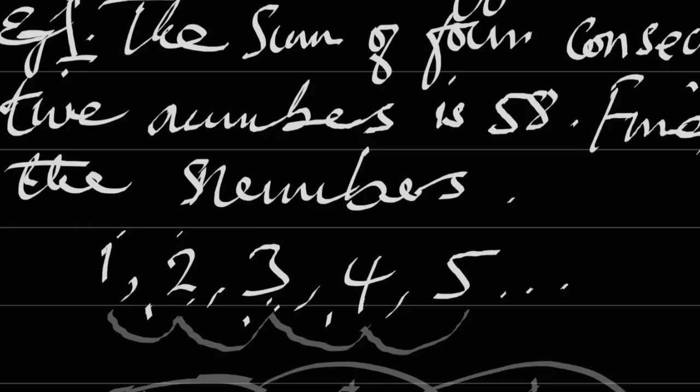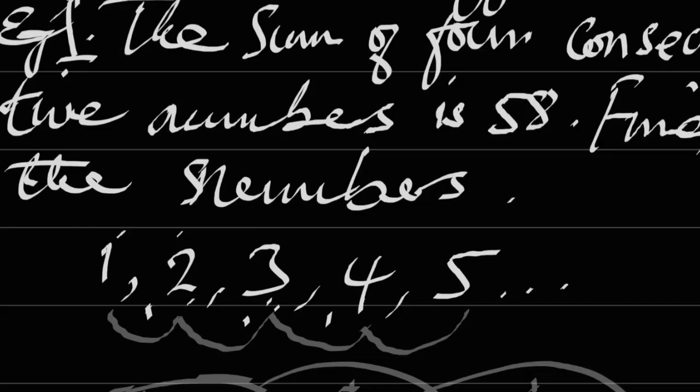So if we say the sum of 4 consecutive numbers is 58, and we don't know the numbers, then we will use letters. And those letters that we are going to work on are the ones that will give us the answer.